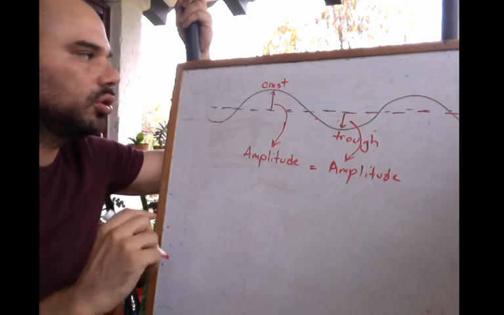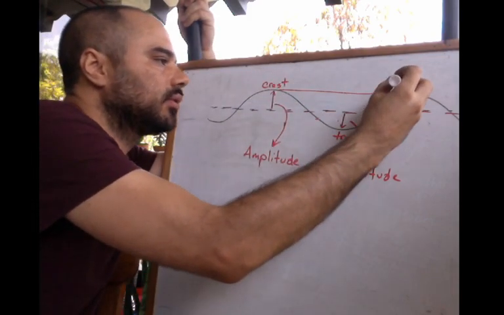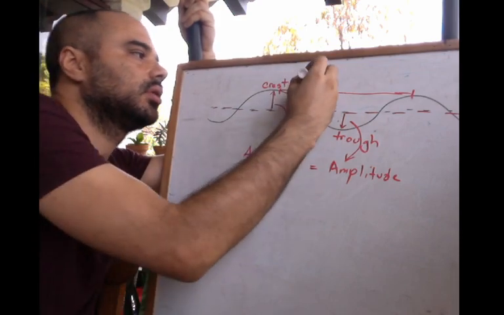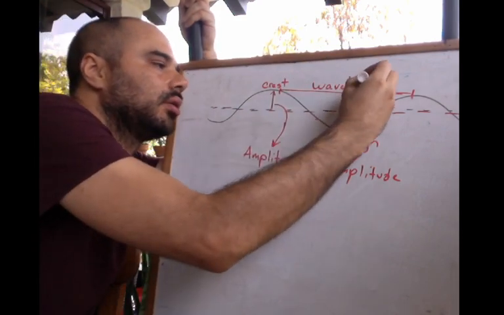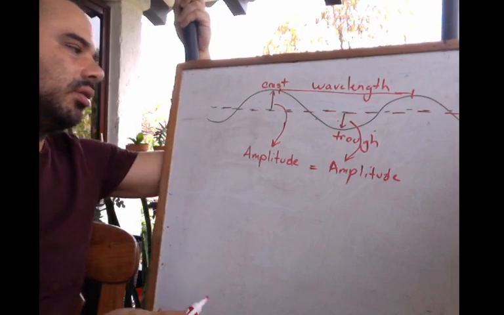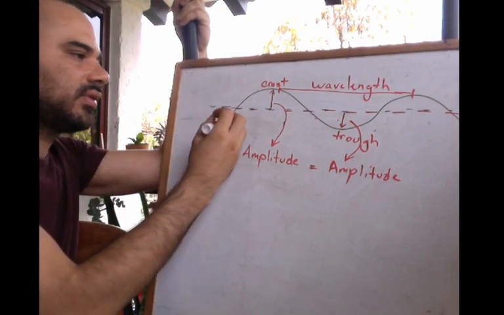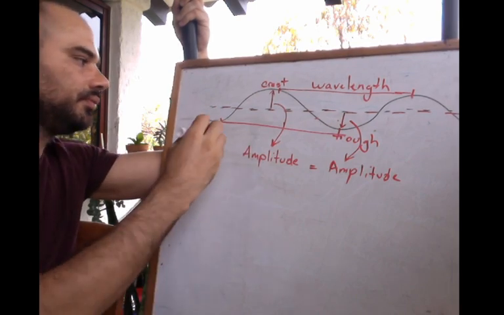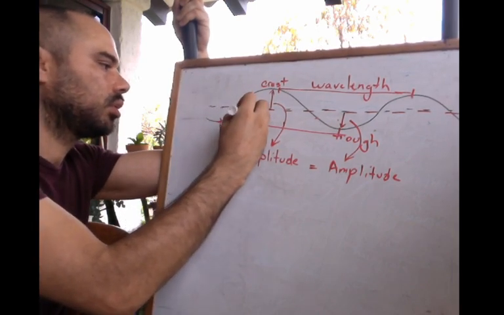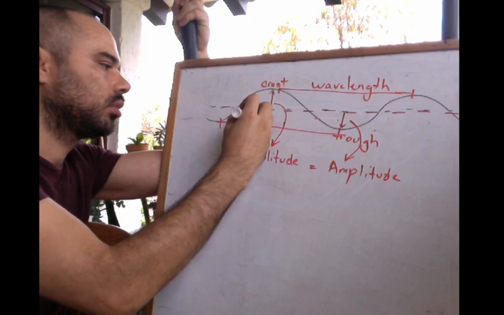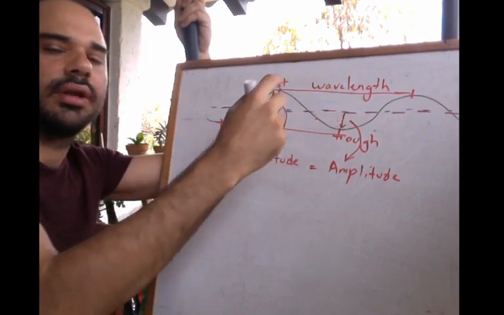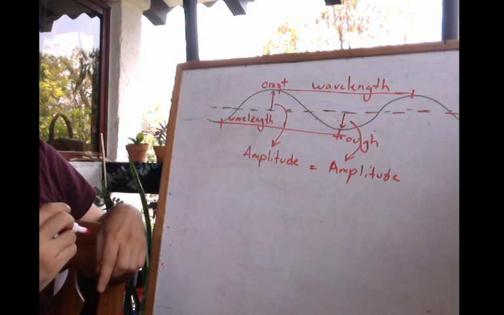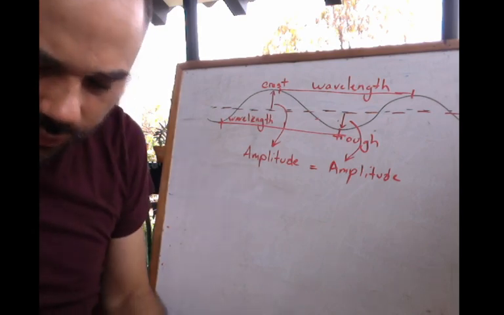And one more thing we need to know: waves, from one crest to one crest, is called the wavelength. And that is the same from one trough to one trough. Wavelength, it's the same. And these two are the same. From crest to crest or from trough to trough, it is the same, the wavelength.